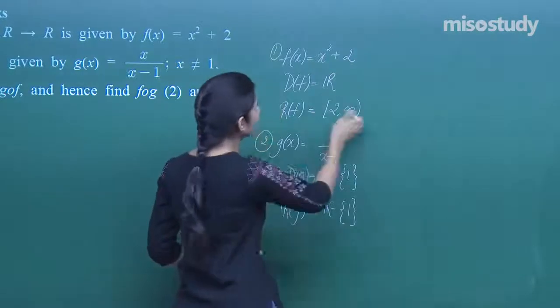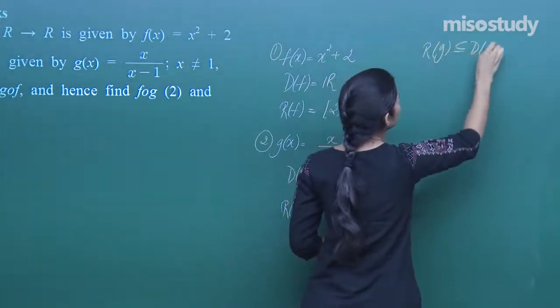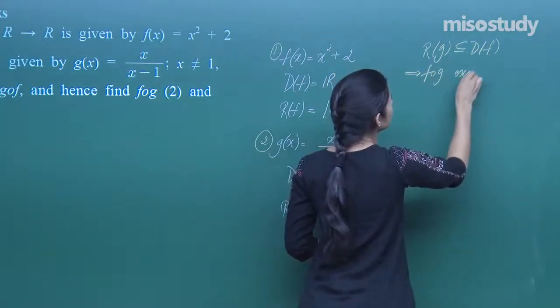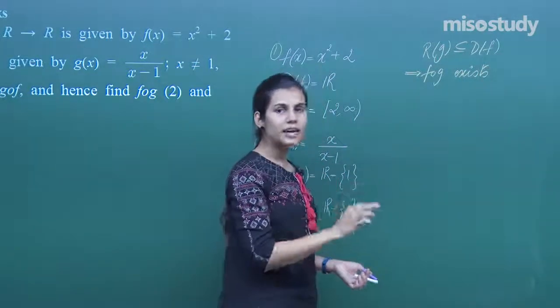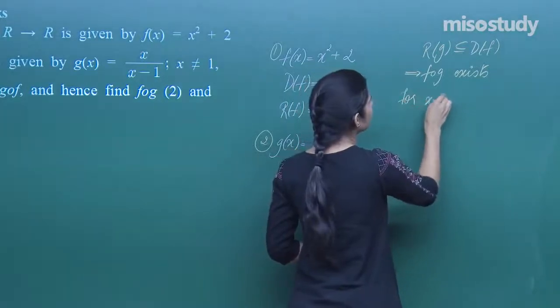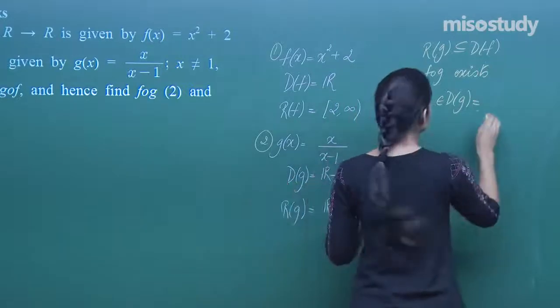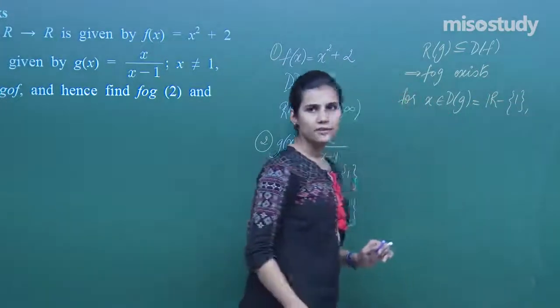Clearly range of g is contained in domain of f, which implies fog exists. fog is defined from the domain of g. So for x belonging to the domain of g, which is R minus {1}, we need to define fog.